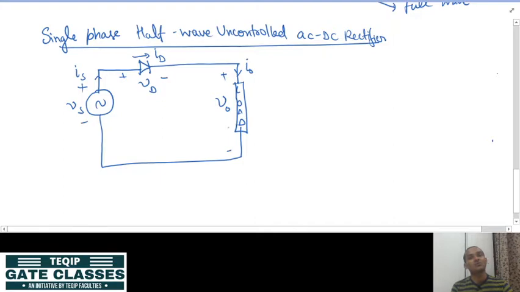One thing you have to make very clear: before beginning the analysis of any power electronic circuit, you have to first of all define the references.